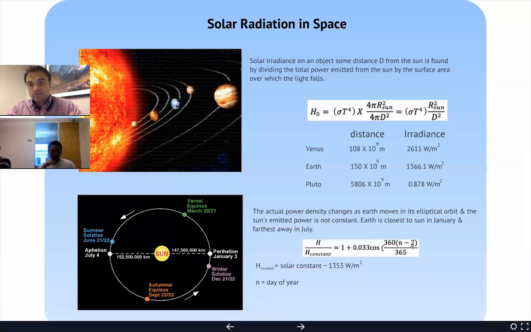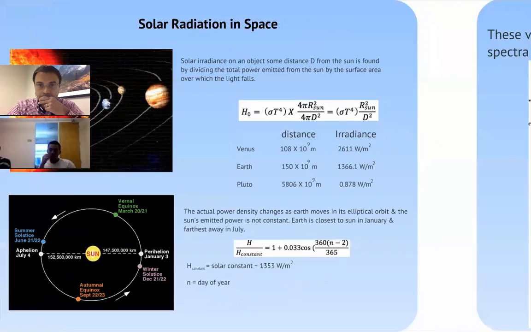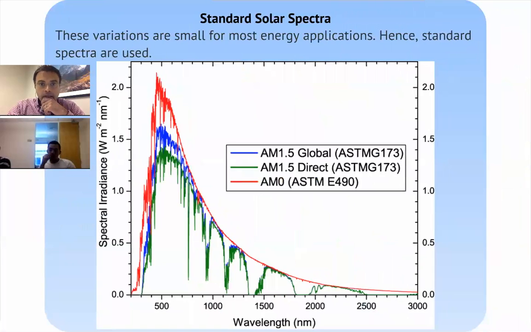But for the purposes of this class, we won't go into this level of detail. We will just assume one standard spectrum for designing systems, one standard power, which is about 1,000 watts per meter square power density. Most of these variations are small for the purpose of designing energy systems, so very standard spectra are used.